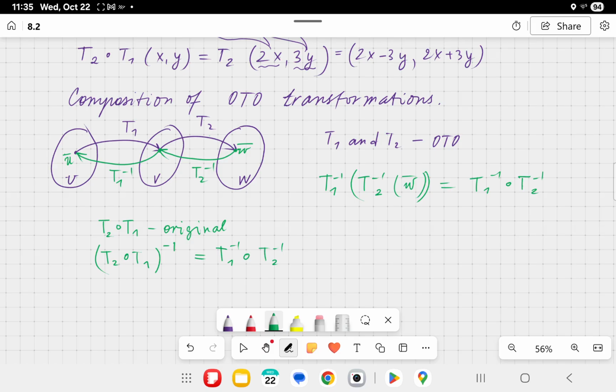Well, maybe we should consider a couple of examples just to figure out if transformations are one-to-one or onto. I explained a lot about one-to-one, but I did not explain a lot about onto, right?